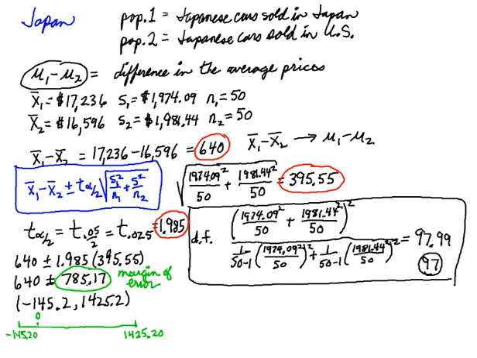So I put a little number line down there to try to give a graphic of this confidence interval. The negative 145.20 is to the left of 0, and the 1425.20 is to the right, although much further to the right. The $640, which is my best guess, that's my point estimate, is right in the middle.